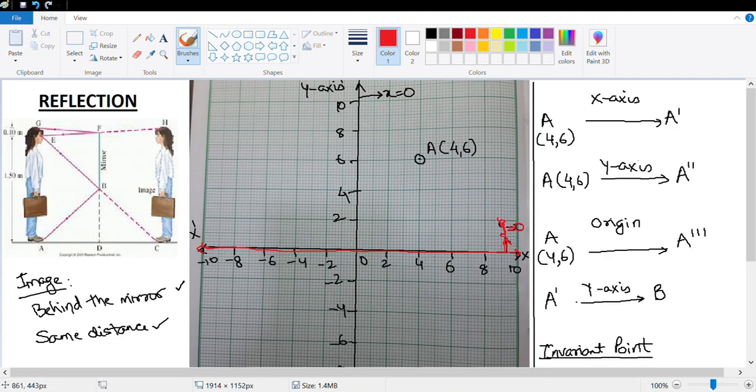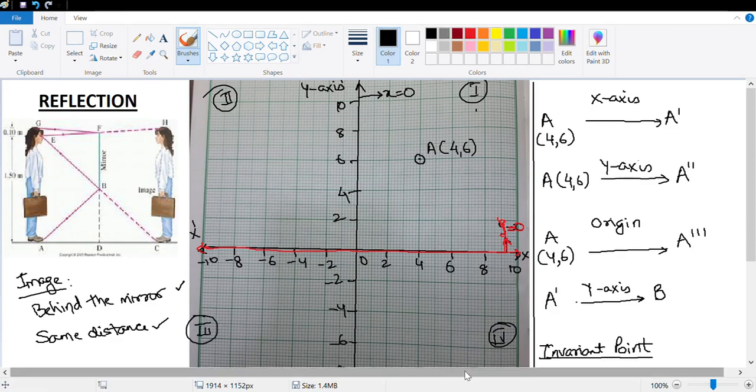So imagine you have the mirror on the x-axis and you are trying to plot the reflection of this point A (4, 6). Now, if this is the mirror and this is in front of the mirror, we know that the image will be formed behind the mirror. In this case, the image will be formed in quadrant 4. Let's quickly revise: this is quadrant 1, this is quadrant 2, this is quadrant 3, and this is quadrant 4.